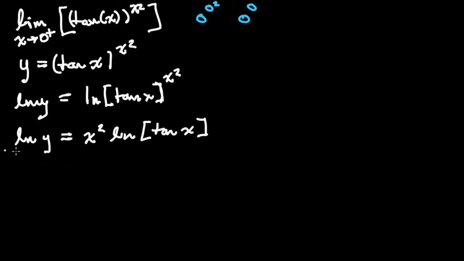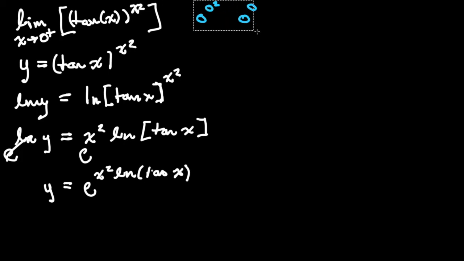And then we are going to raise both sides to the power of e. So that makes the left side just equal y, and the right side e to the x squared ln, and I'll write this in parentheses now instead of brackets, tan x. And so our next step after we have this e form is to put this y back into our limit. And so I will just clear this away.